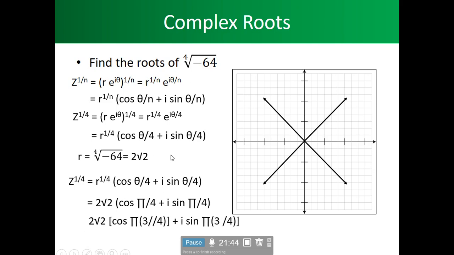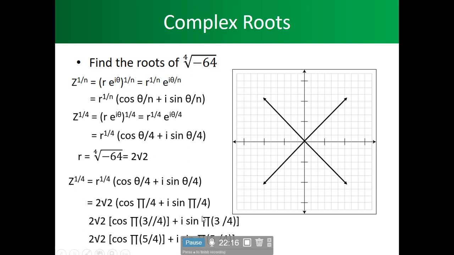And then what do we have after that? Then we add on again, and instead of just pi over 4, we're going to have 3 pi over 4. And then when we go to the next one, the last one, that will give us 5 pi over 4. So that is where we are at this point.